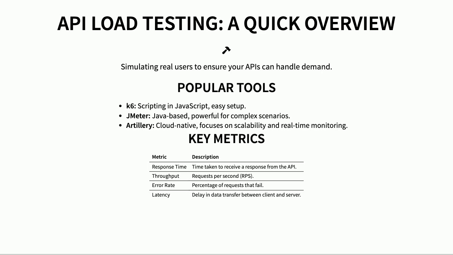When you're running these tests, you want to keep an eye on things like response time, which is how long it takes your API to respond, throughput, measuring how many requests you can handle per second, error rate, we don't want any unexpected failures, and latency, that's simply the delay in data transfer. Understanding these metrics helps you build a robust and reliable API.